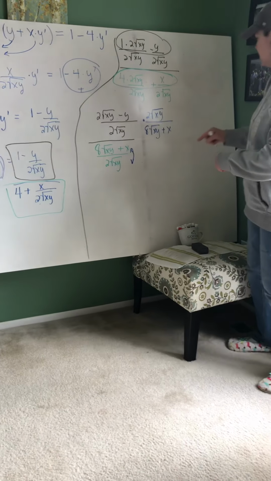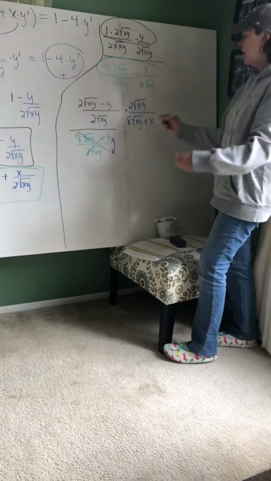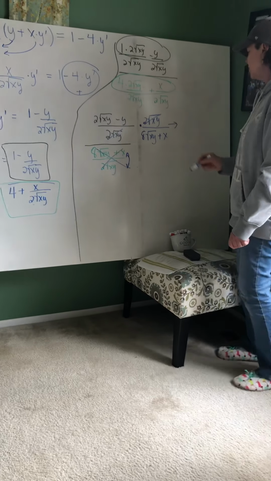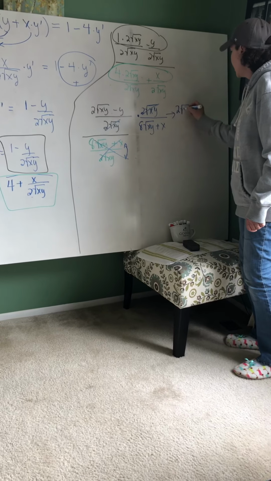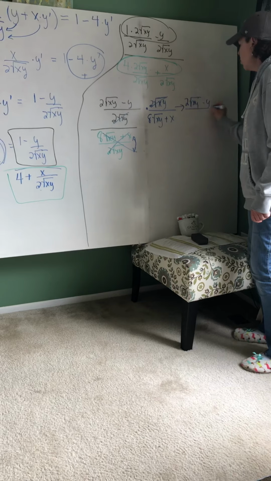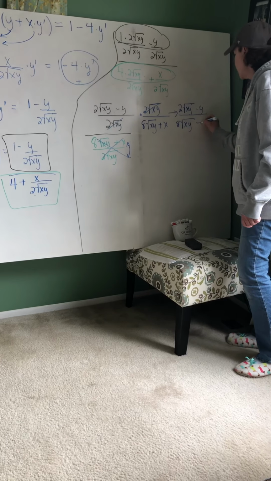There we go. Did I flip that over? I sure did. And there we go. This is the same problem. Notice these cancel out, and I am left with 2 square roots of x y minus y over 8 square roots of xy plus x.